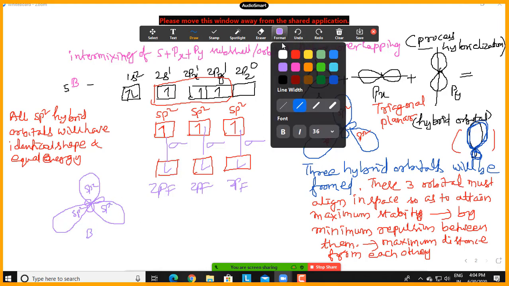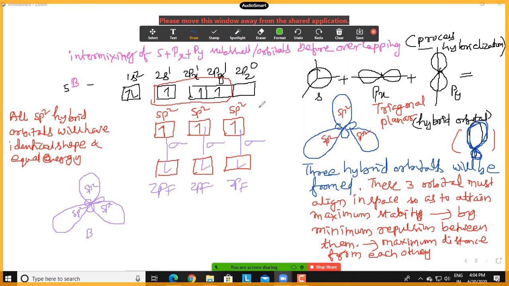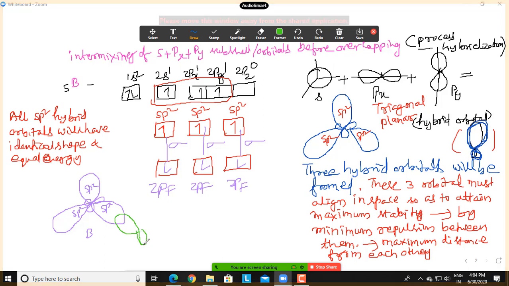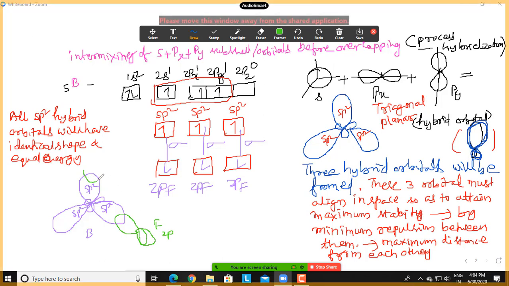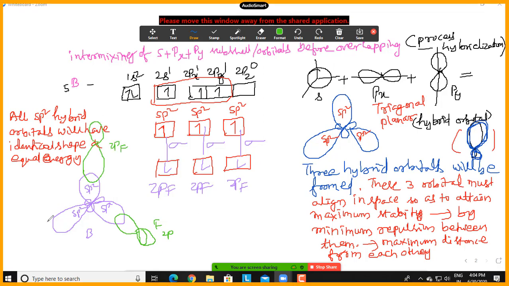Now your fluorine atom will come and overlap with sp2 in this direction. This is the 2p of fluorine, and another one can come this way, 2p of fluorine, and one more will come, 2p of fluorine.